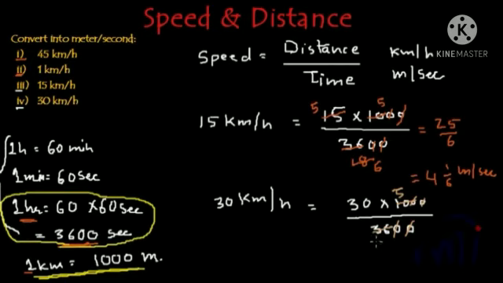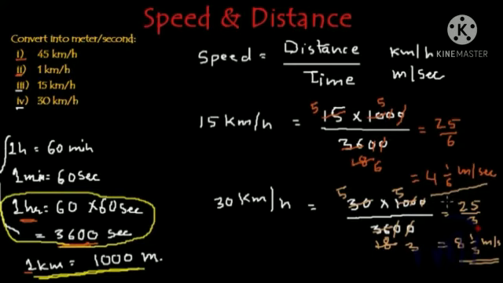And 2 5s are 10, 2 18s are 36. And again cancel, 6 table, 6 3s are 18, 6 5s are 30. So 5 multiplied by 5, 25 by 3. If you convert it into mixed fraction, 8 1 by 3 meters per second. Whenever we want to convert kilometers per hour into meters per second, we can directly multiply by 5 by 18.